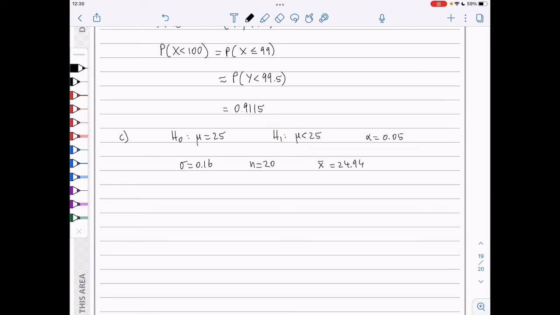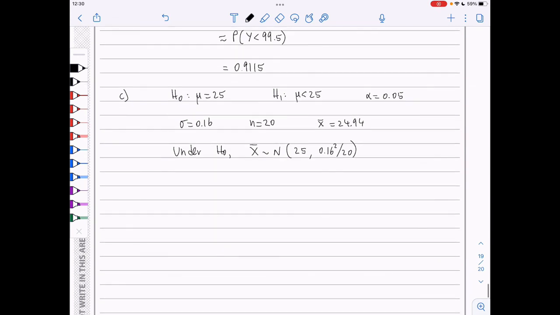Under H naught, so if the null hypothesis is indeed true, X bar will follow normal with mean 25 and variance 0.16 squared over 20. Now, we inherit the direction from the alternative hypothesis, so less than.